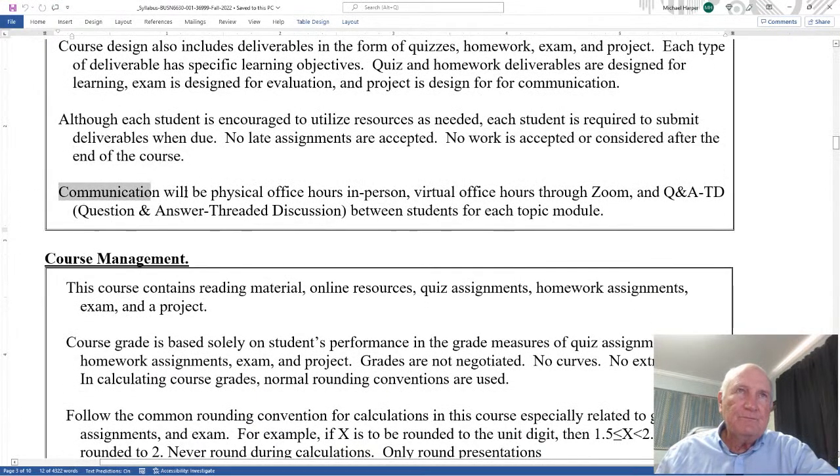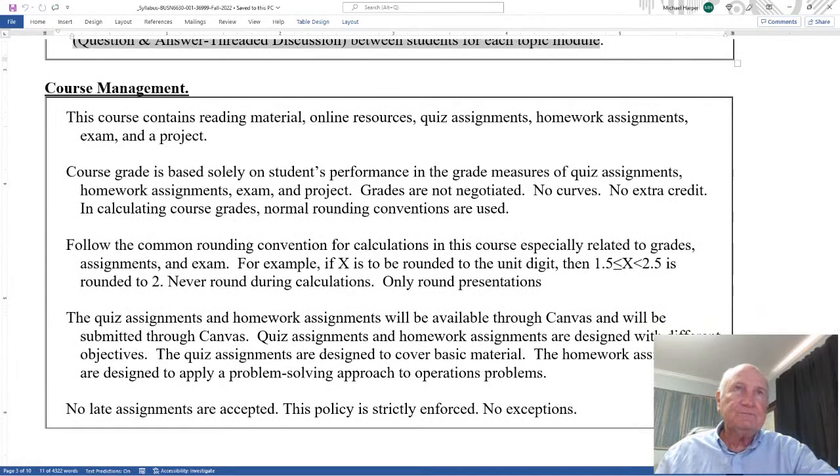Communication will be physical office hours for me in person, virtual office hours with me through Zoom, and Q&A TD, which is question and answer threaded discussion between students for each topic module. Course management.